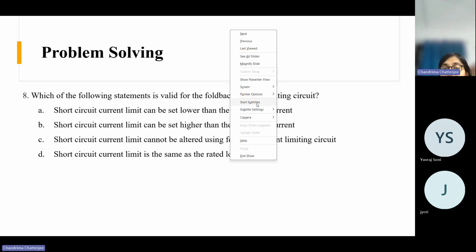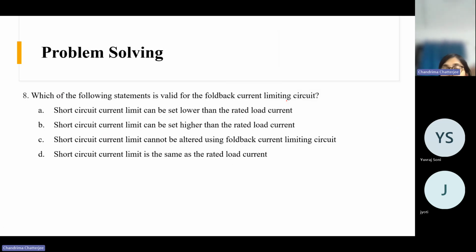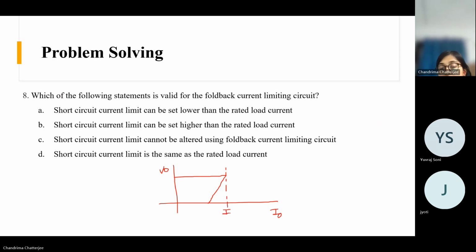So we already saw the circuit operation, right? So what was the characteristic? The characteristic was something like this. First this and then this, and this was our rated current, I naught rated.